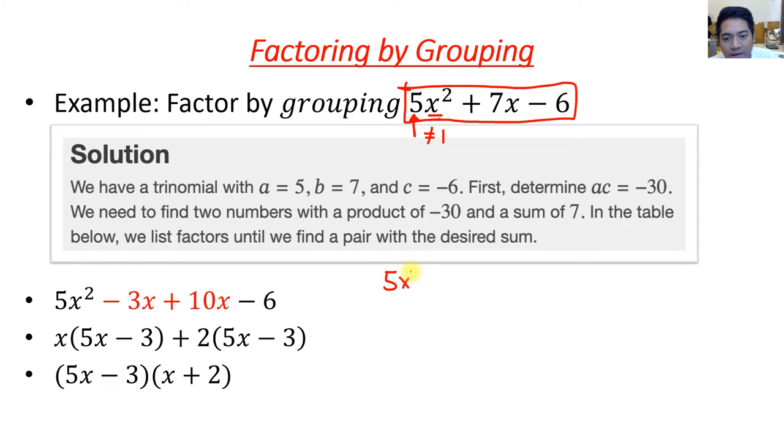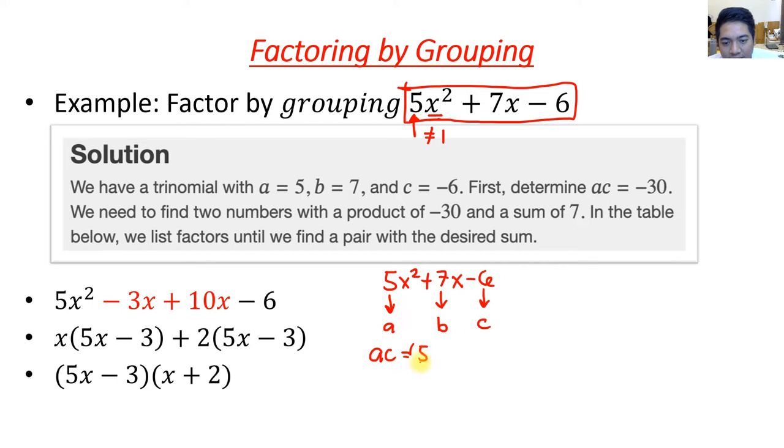If we have 5x squared plus 7x minus 6, the very first thing we need to do is understand the coefficients. Let's label the coefficient of x squared as a, the coefficient of x as b, and the constant term as c. Now we have ac, so we multiply a and c.